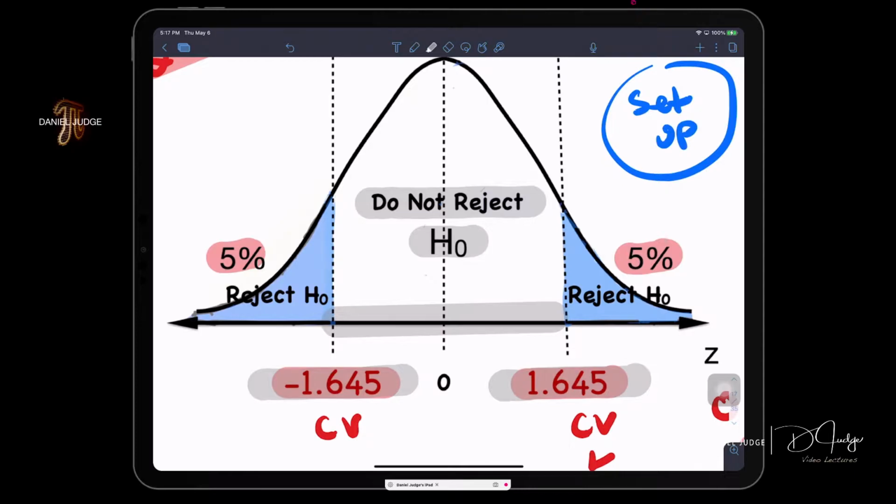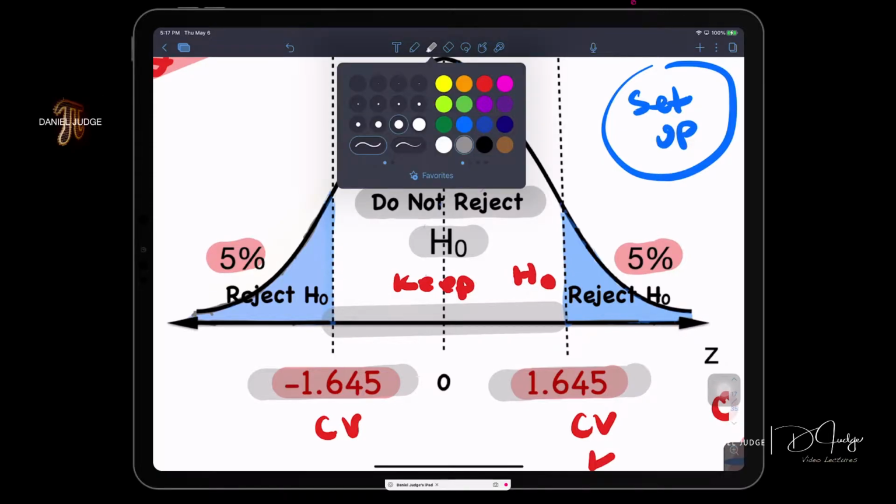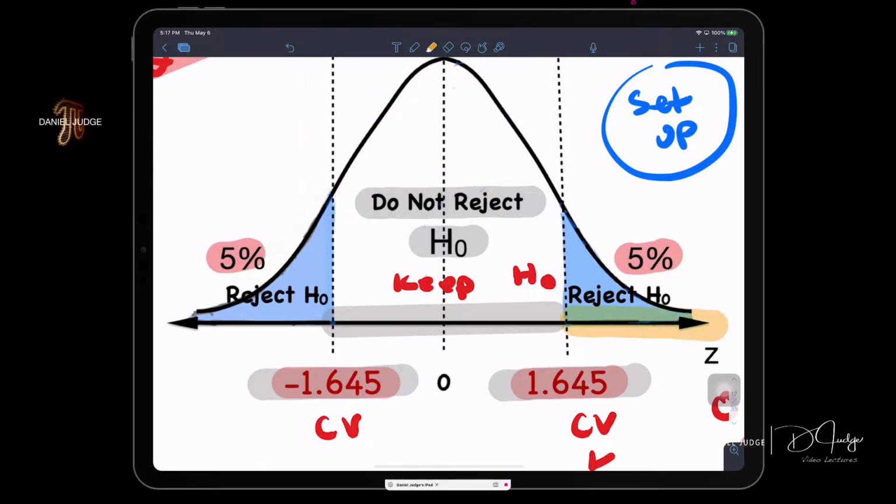Essentially, not rejecting means you're going to keep the null. And any test statistic that's outside, meaning larger than 1.645 or smaller than negative 1.645, we will reject the null, get rid of the null.